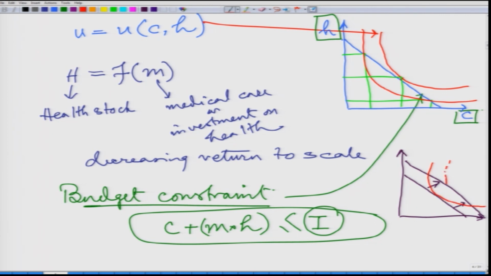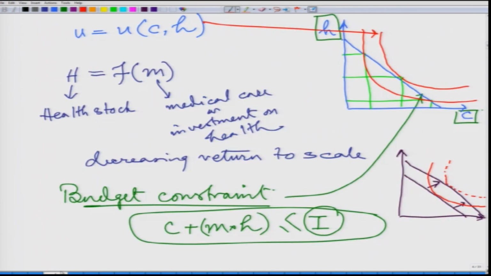It also shifts outwards. Over here, when I was producing this amount of C prime and H prime, now with more income I can demand more, I mean C double prime and H double prime, maybe more.